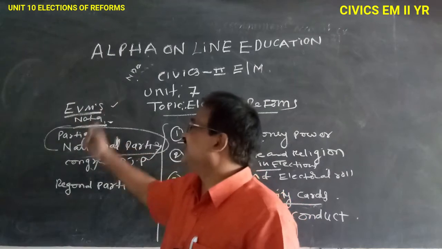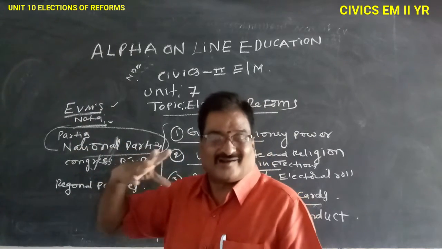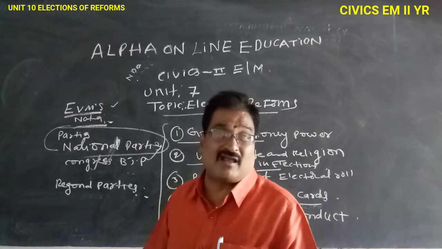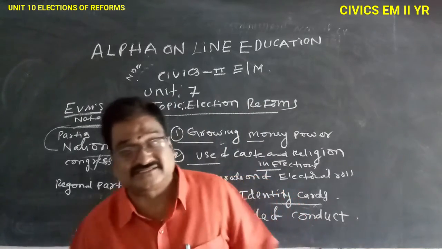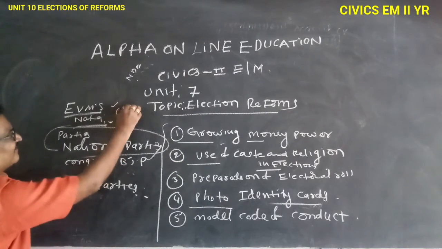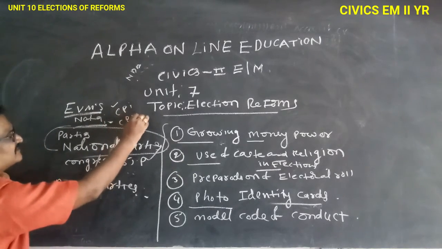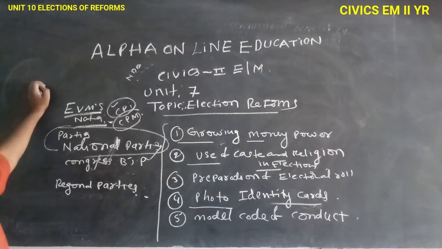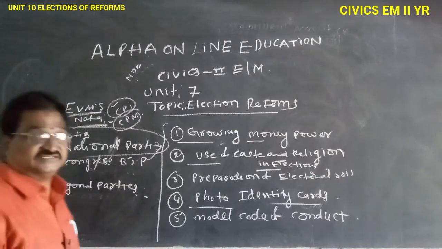So at present there are two, the NDA alliance and the UPA alliance. Once upon a time the CPI played an important role. Once upon a time the CPM played an important role. But now the people do not identify with these parties.